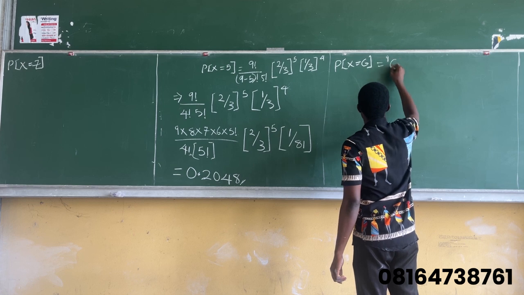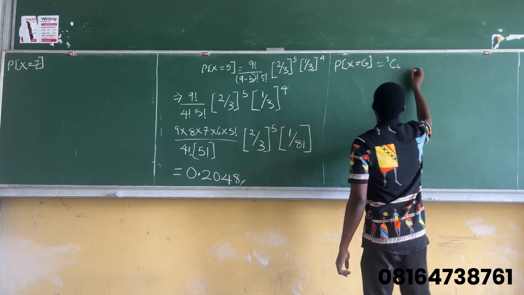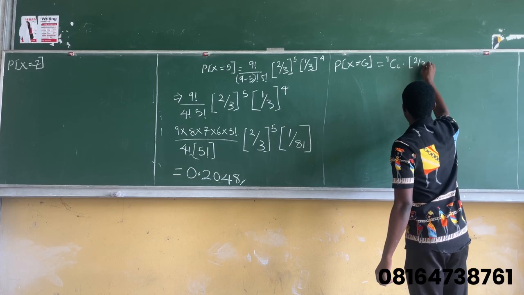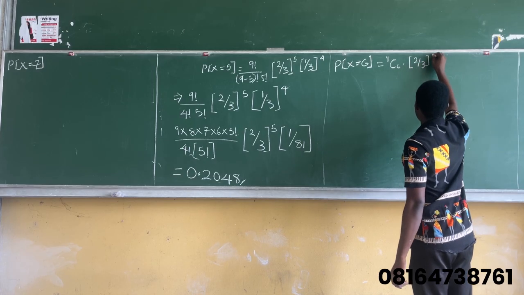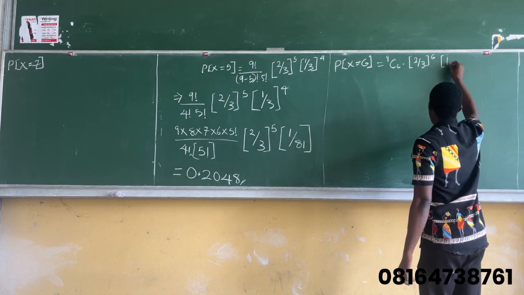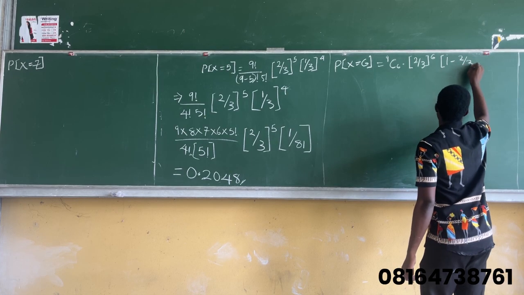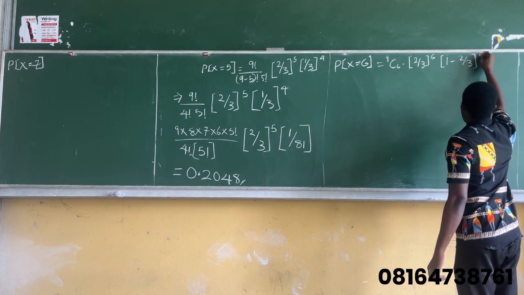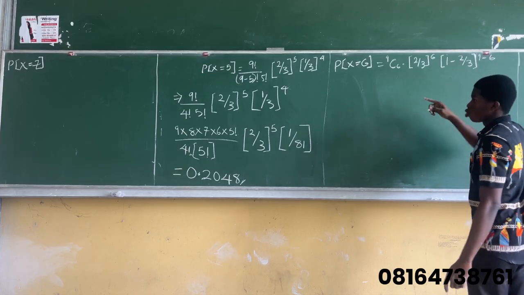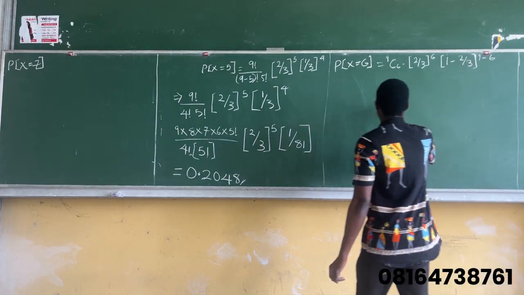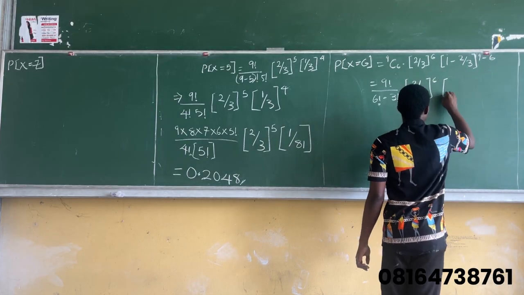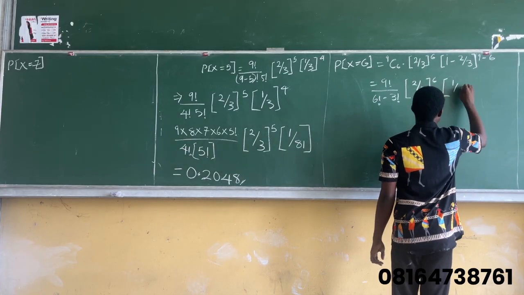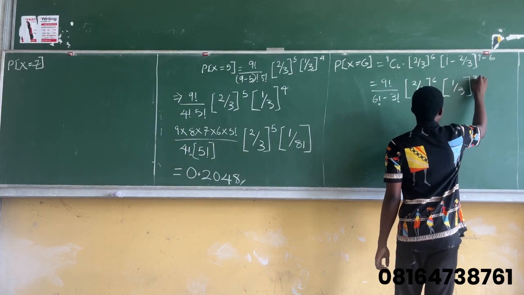So this is 9 combination 6 multiplied by 2 over 3 raised to power x, and our x is 6. Then this is 1 minus 2 over 3, raised to n minus x, 9 minus 6. So the same thing we did for 5, that's what we'll be replicating here. 1 minus 2 over 3, we'll be getting 1 over 3 raised to power 3.